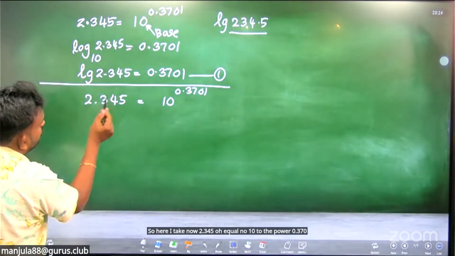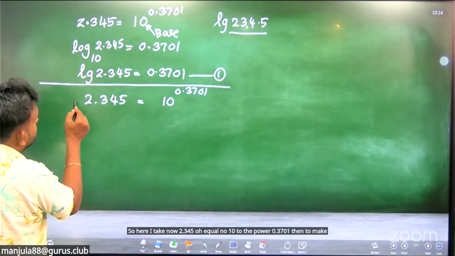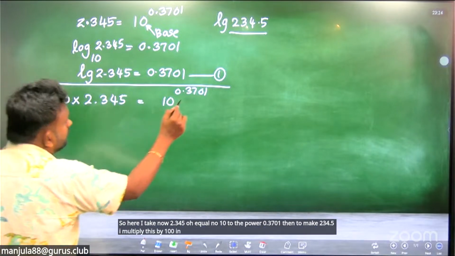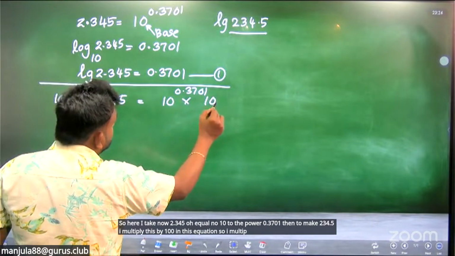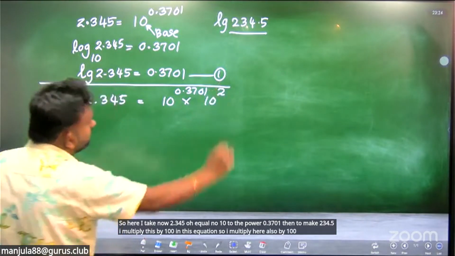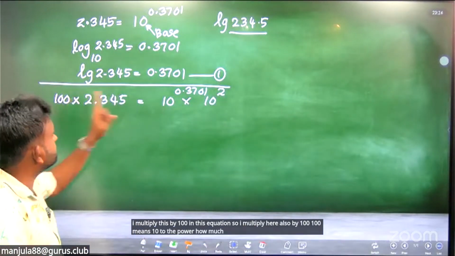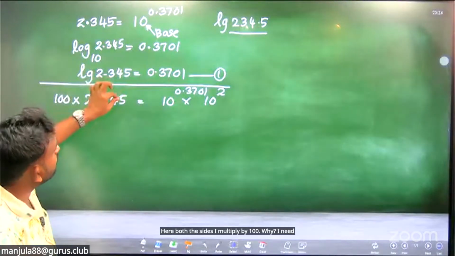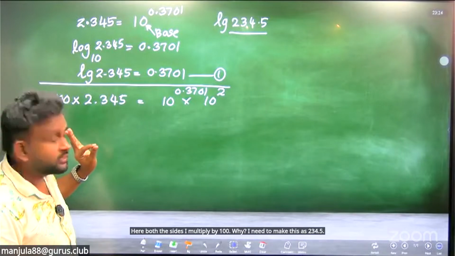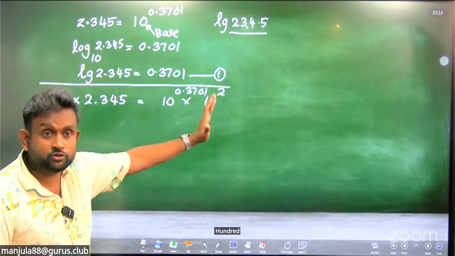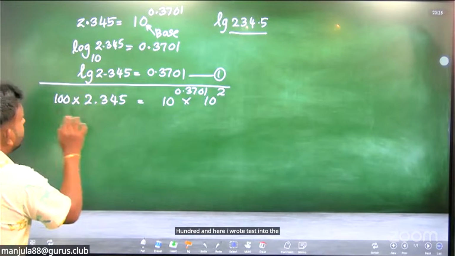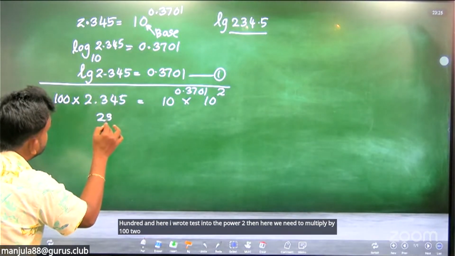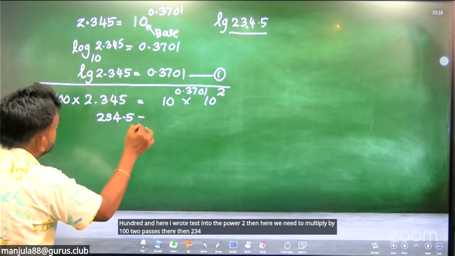To make 234.5, I multiply this equation on both sides by 100. Why? I need to make this 234.5. 100 I write as 10 to the power 2. When it is multiplied by 100, the decimal passes two places, and 234.5 comes.